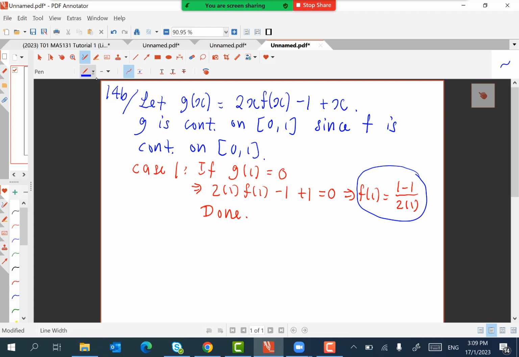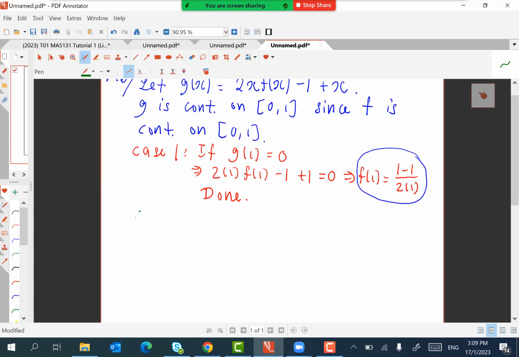Now on to case 2. If g(1) is not 0, let's do some calculation. Let's calculate g(0) first.